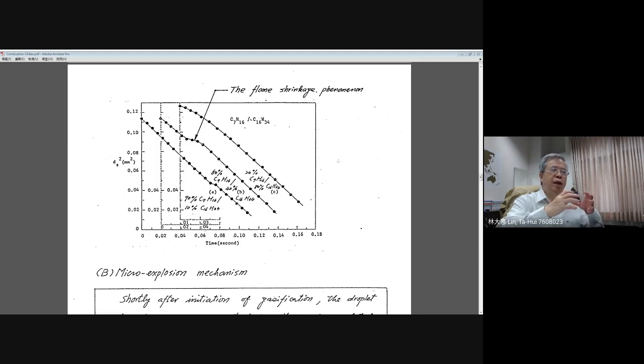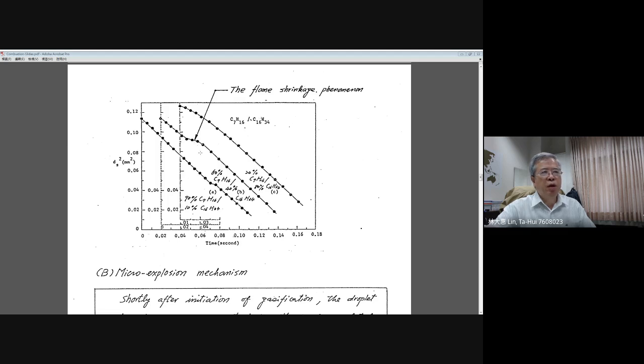That means the droplet size has almost no change. Then you can see the flat region occurs in the middle to tell you the droplet size is almost unchanged. And this is the behavior concerning the droplet size change.